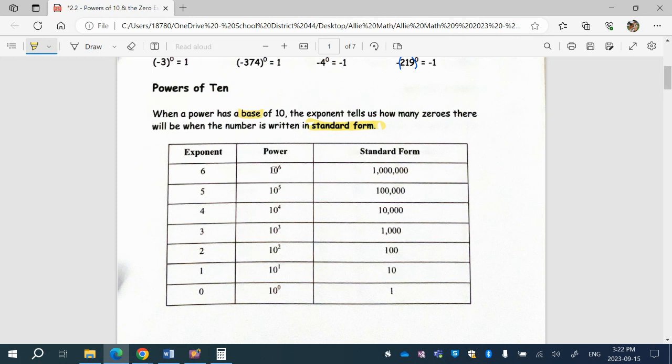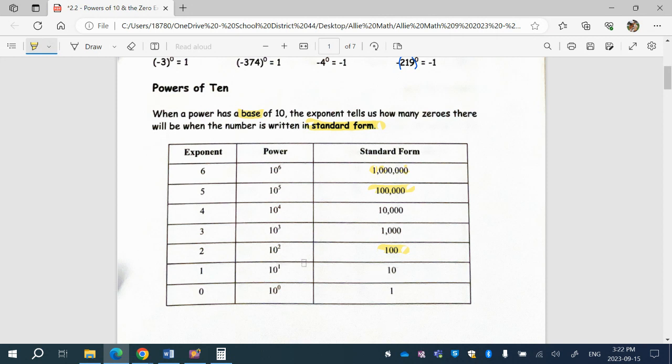If we look here, 10 to the power of 6 means that we have in standard form a 1 with 6 zeros: 1, 2, 3, 4, 5, 6. 10 to the power of 5 means we have a 1 with 5 zeros. 10 to the power of 4, a 1 with 4 zeros, then 3 zeros. 10 to the power of 2 is a 1 with 2 zeros.